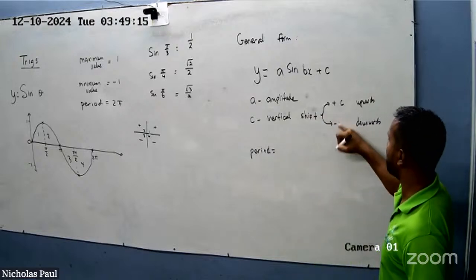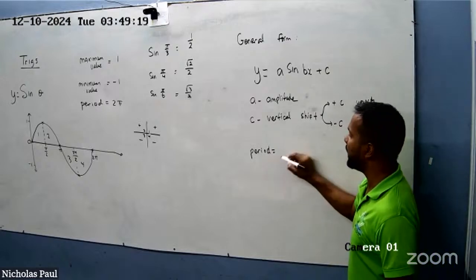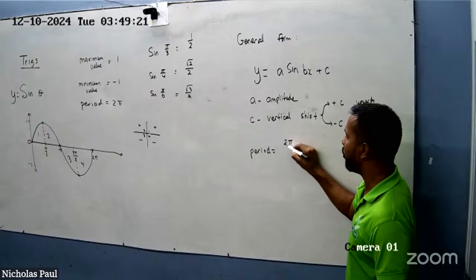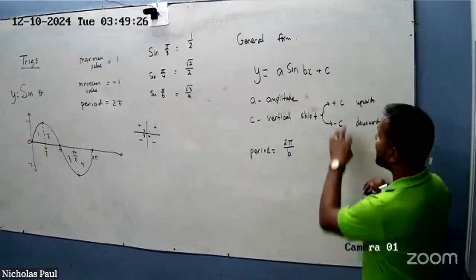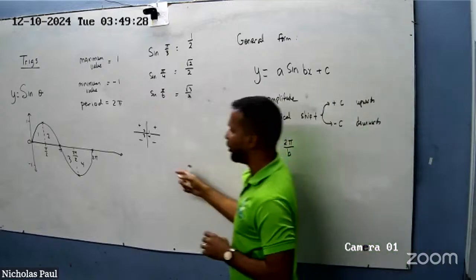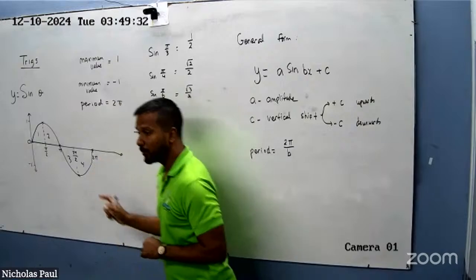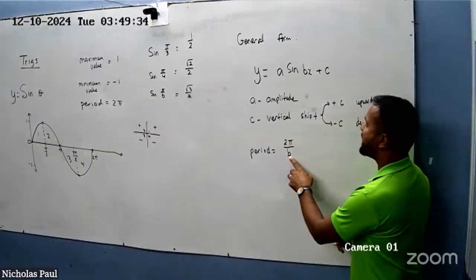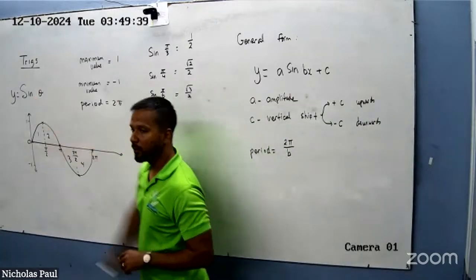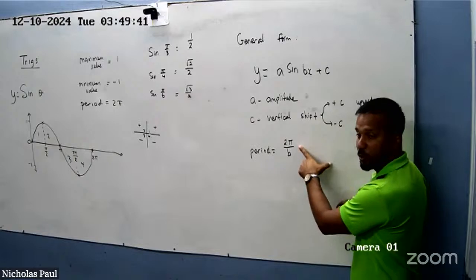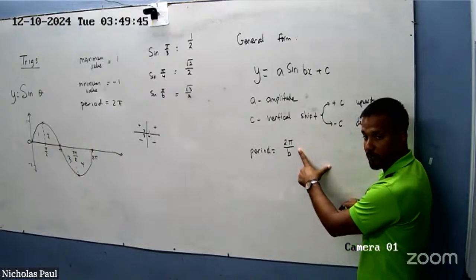The period is 2 pi over whatever B is. So when C is 0, your graph will stay on the 0 line. When B is 1, like our example here, the period is 2 pi. Okay with that?